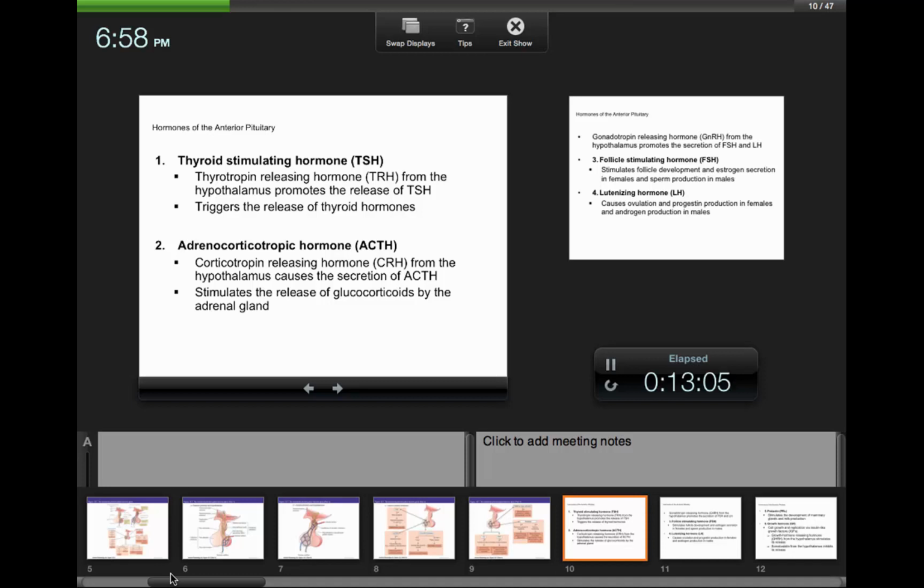A surge of LH. I mean, it is literally a spike right before you ovulate. Surge of LH causes ovulation. You guys pretty good with that?